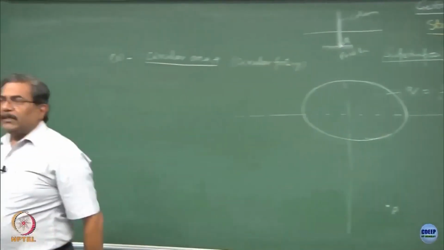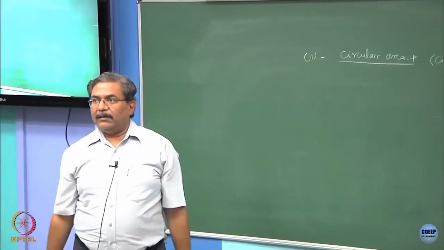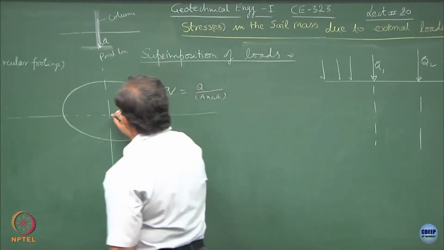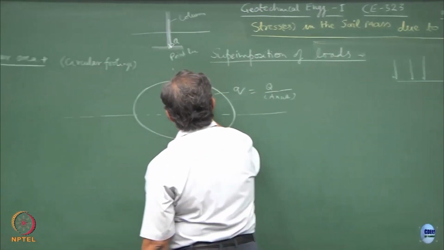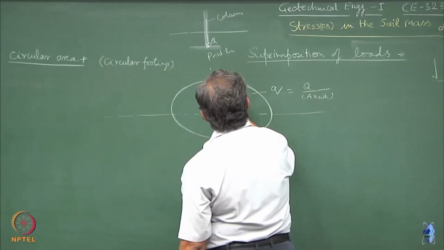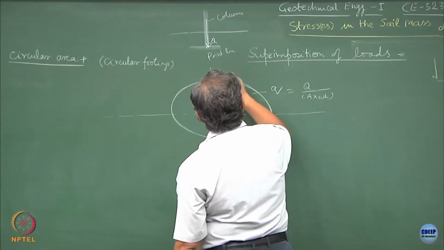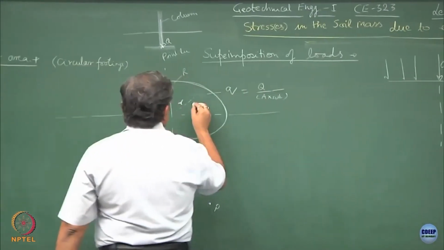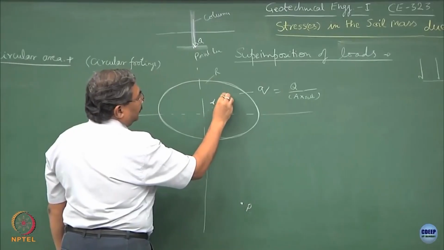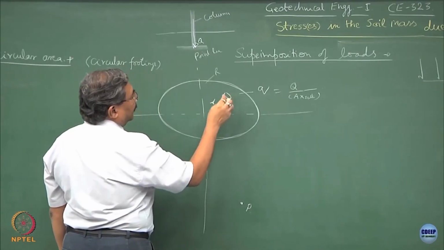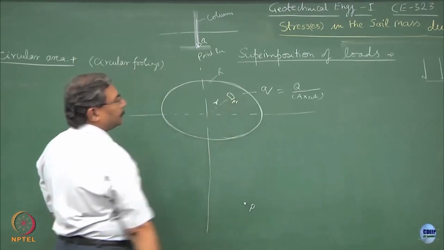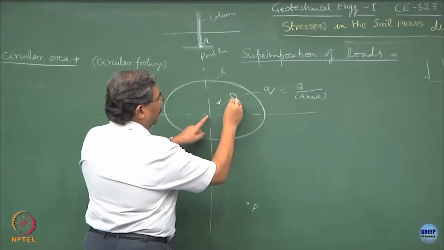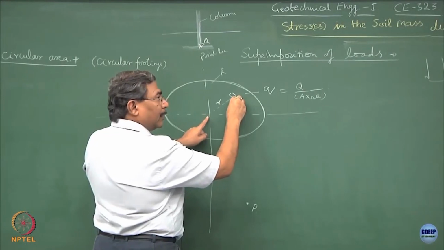You have done a lot of integration in your 10 plus 2. So, suppose I consider an element at a radial distance of small r, the radius being the entire area, and if I consider a small element over here as dr, r into dr, clear?